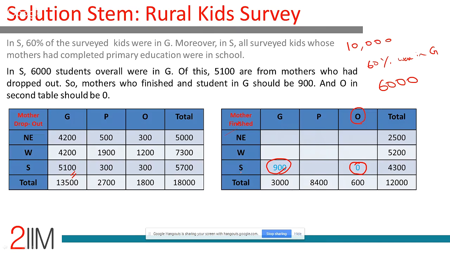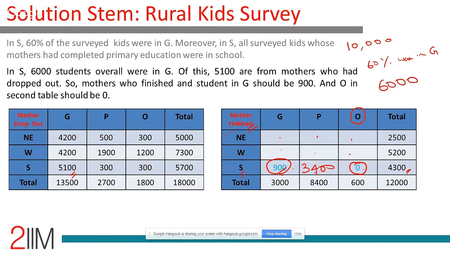The total in South among the mothers who finished primary education is 4,300. This number is 900. It should be 3,400. You get these 2, you get this. You've got an entire row filled. So you get any one, you get one more. You get 1, you'll get 1 more cell. You get 2, you'll get 2 more cells, and then finish everything up.